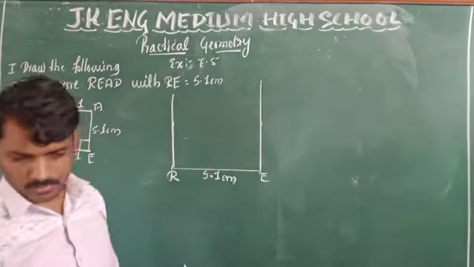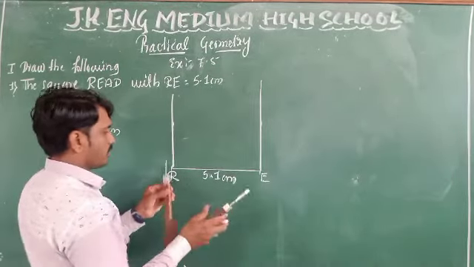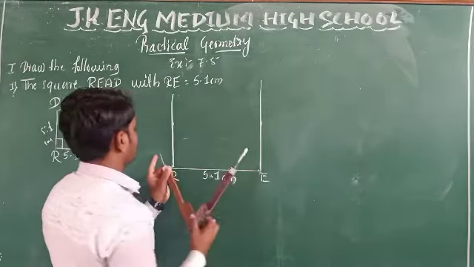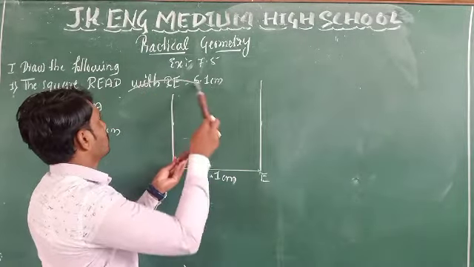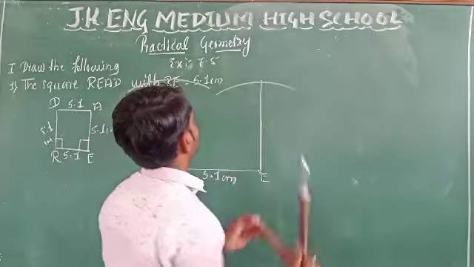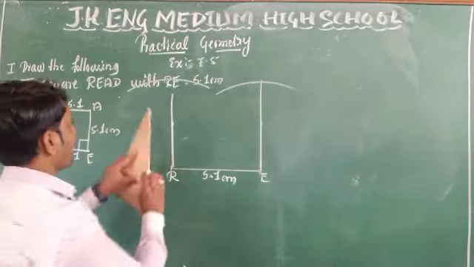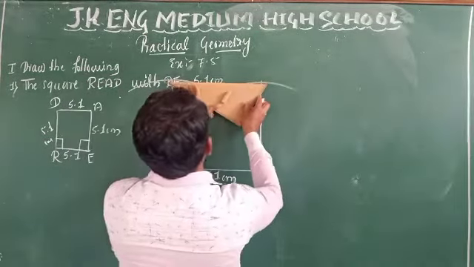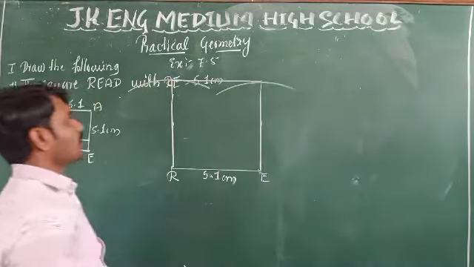Take a compass. Take the measurement RE. Correct? So from here, draw the first arc. Keep down here, draw the second arc. They don't join them. Just join both the arcs.